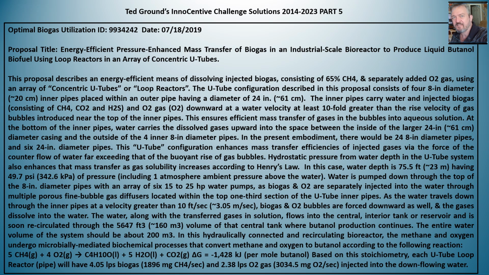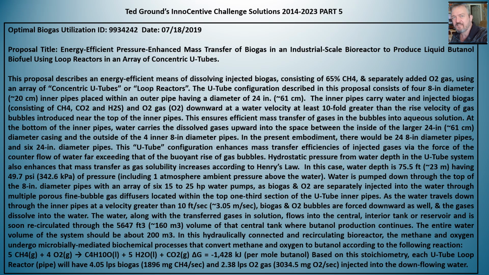So it's a liquid fuel that you can put in a pipeline and move it around. It's not as volatile as, let's say, ethanol or methanol. And it's very useful, butanol is, and it burns pretty clean.